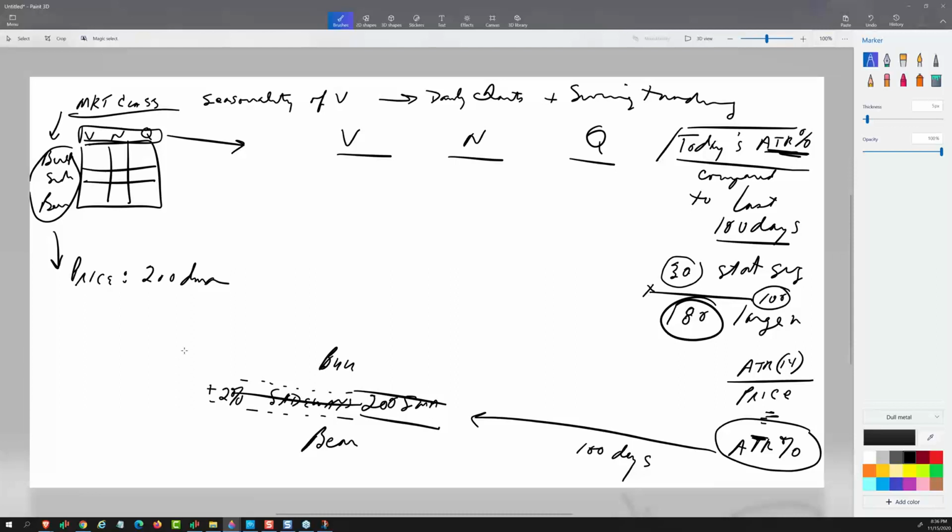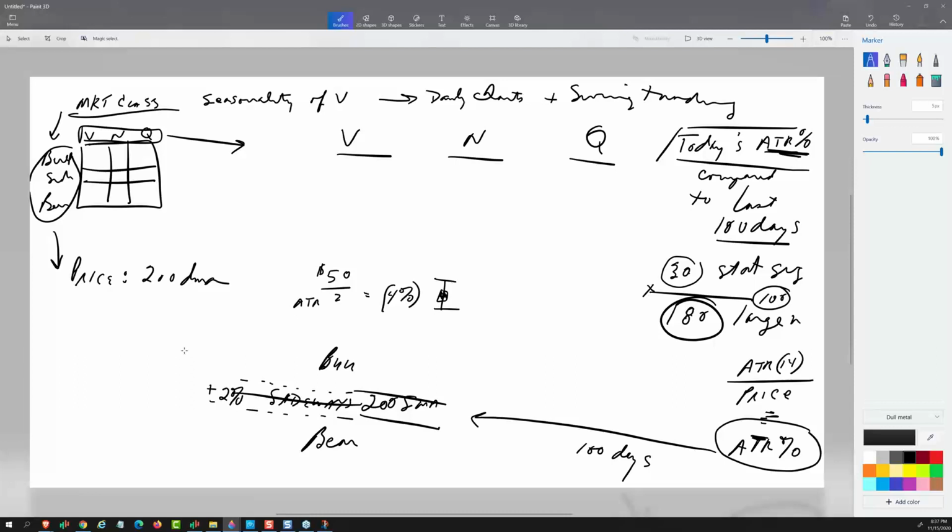And the reason you've got to account for the difference in price is because today, if the price is 50 and the ATR is 2, then that means it's moving 4% of today's price as part of a normal range, right?